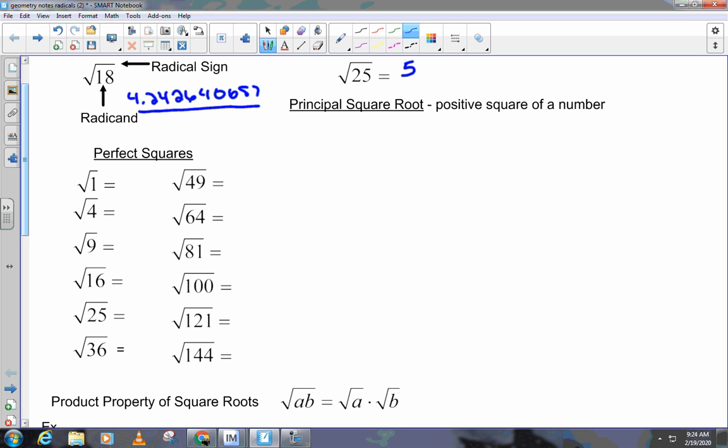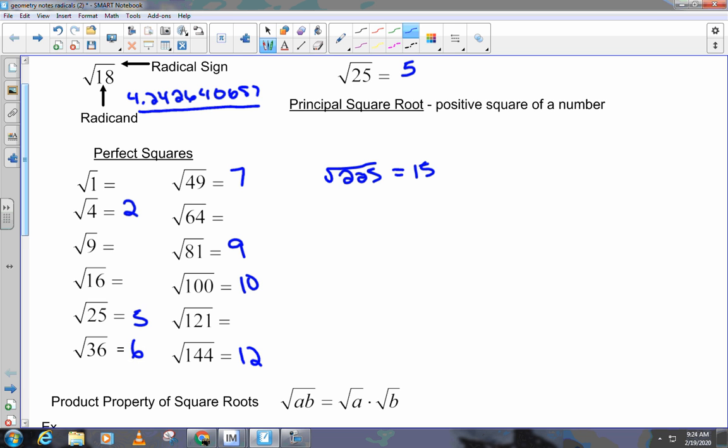Okay, so what's the square root of 4? 2. What's the square root of 100? 10. What about the square root of 25? 5. What about the square root of 225? 15. Square root of 81? 9. Square root of 36? Square root of 49? Square root of 144?